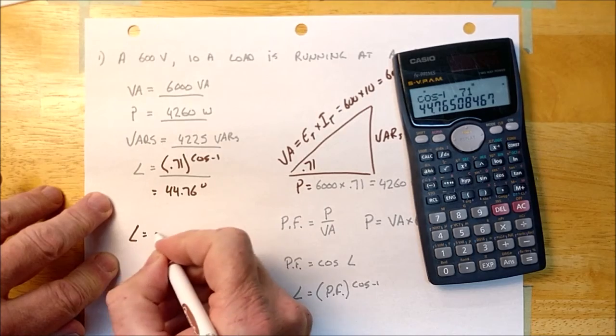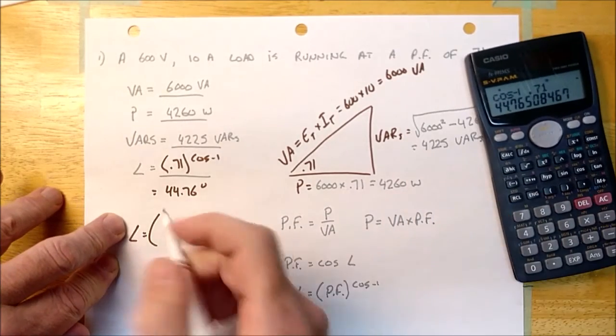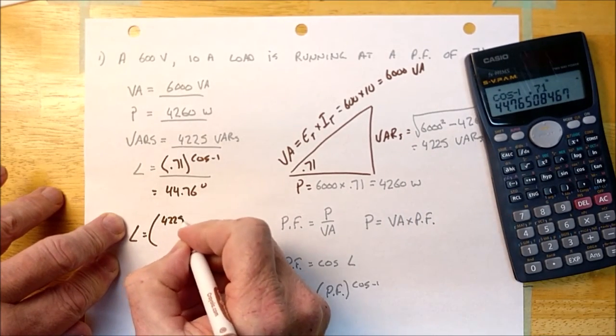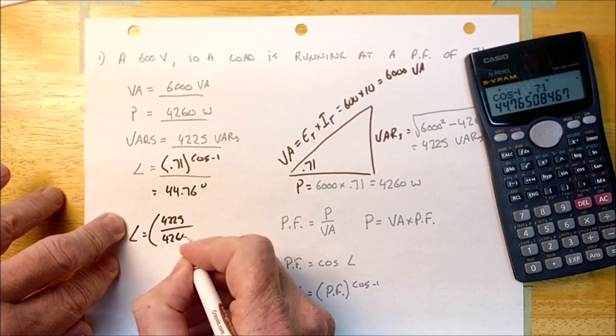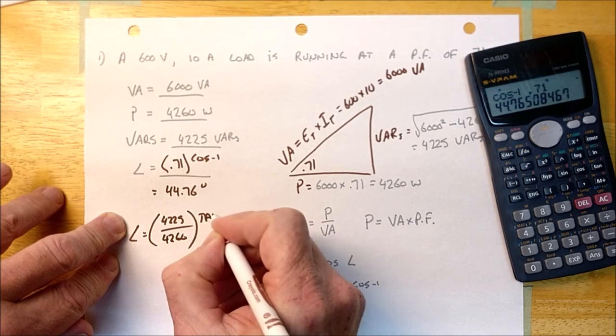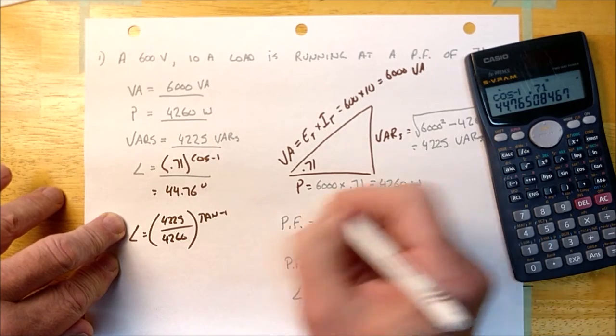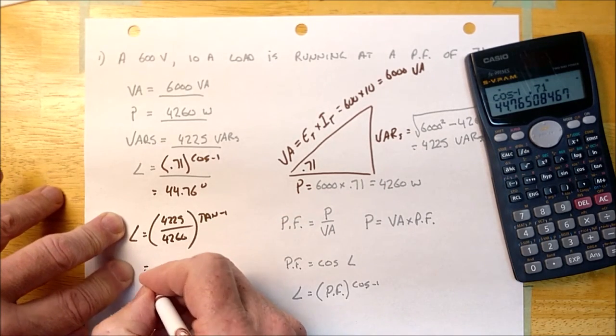Or the angle should be the opposite, 4225 over the adjacent, 4260. Inverse tan. Okay, now I'm using opposite and adjacent, so I got to use tan here, guys.